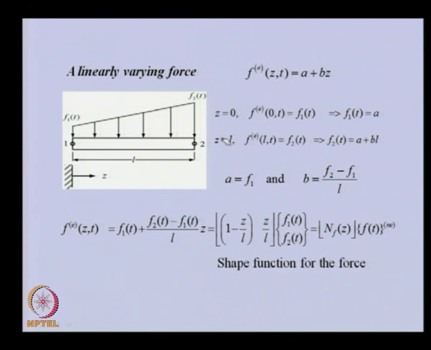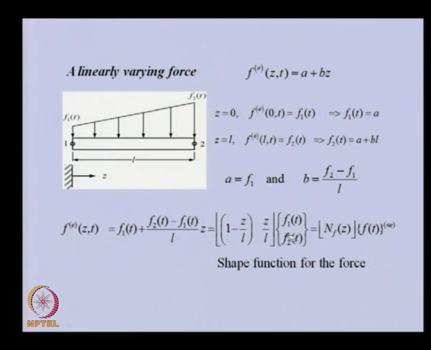For z is equal to L, the amplitude is F2, and if we substitute in this polynomial, we get this. These two equations give us A and B like this, and if we substitute A and B in this polynomial, we then rearrange the F1 and F2 terms separately.